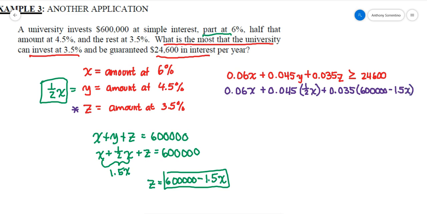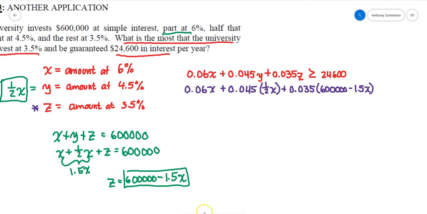And again, I'll just scooch over a little bit here, and that's going to be greater than or equal to 24,600.